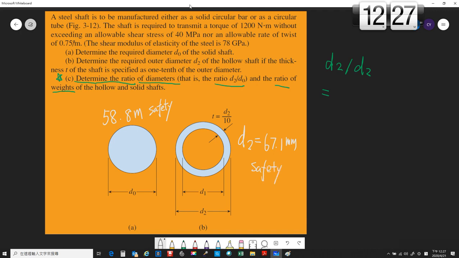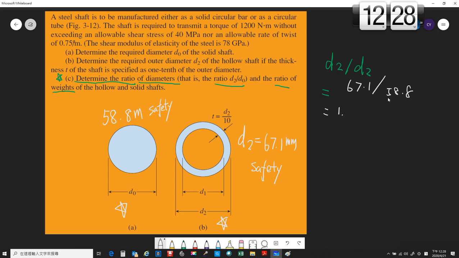So here we can choose solid or hollow, both okay. So when we take these two together to compare 67.1 by 58.8, we get the value of about 1.14.